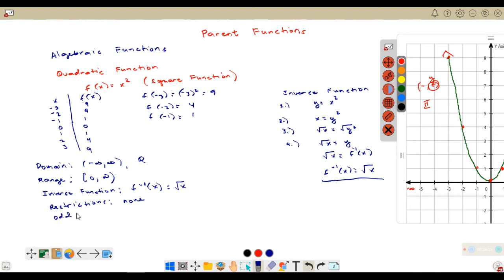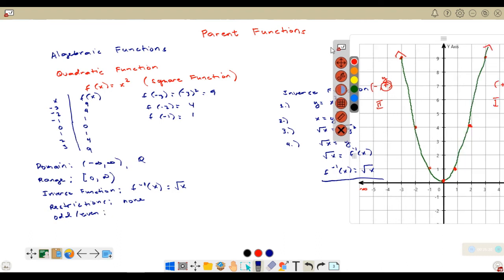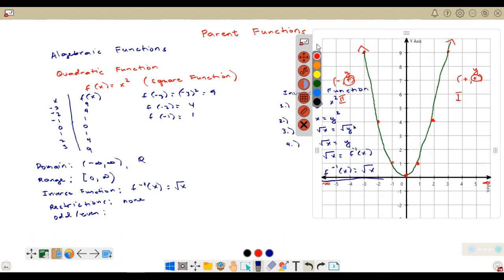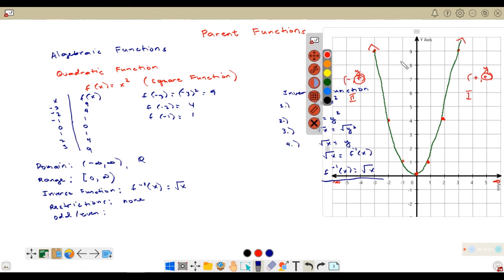Let's see. Is this odd or is this even? Sabi natin kanina, if symmetric siya about the y-axis, it is even. Pag symmetric siya about the origin, it is odd. So, symmetric siya about the y-axis. Therefore, this is even.